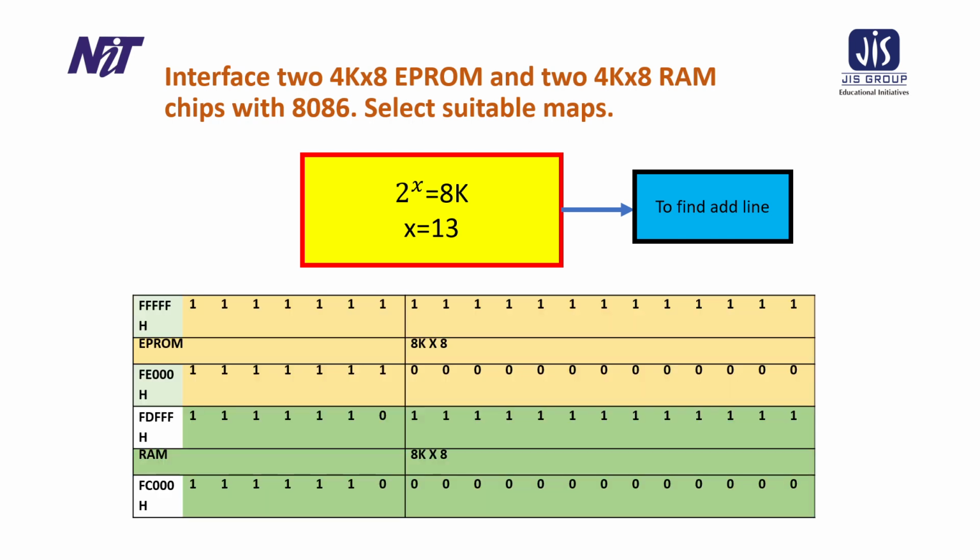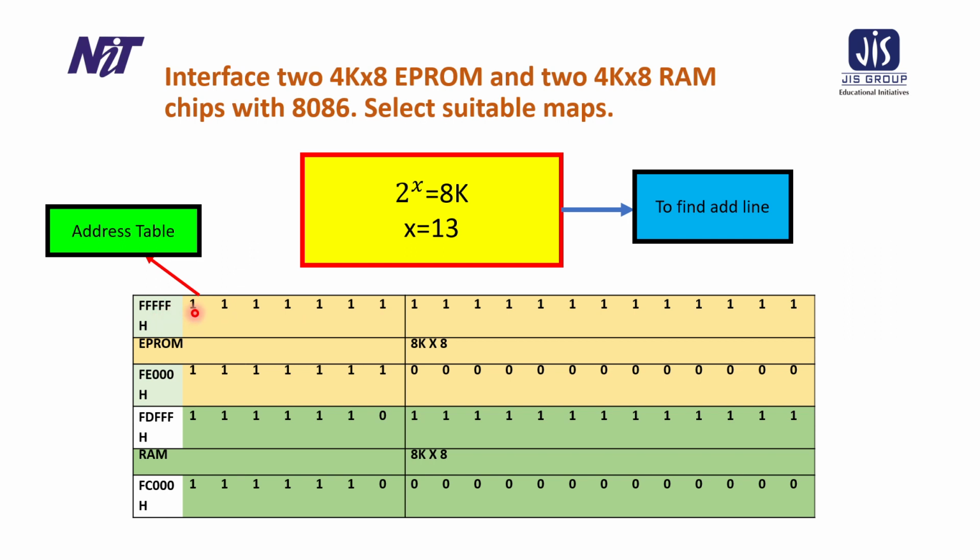Now I'll explain the address table. I'm taking a pointer; this is the A0 line and this is the A19 line. What is the difference between this address table and the one I explained for the 8085? In the 8085, we started with the lower value 000 and then incremented. Here we start with a higher value and then decrement. Initially FFH is the starting value.